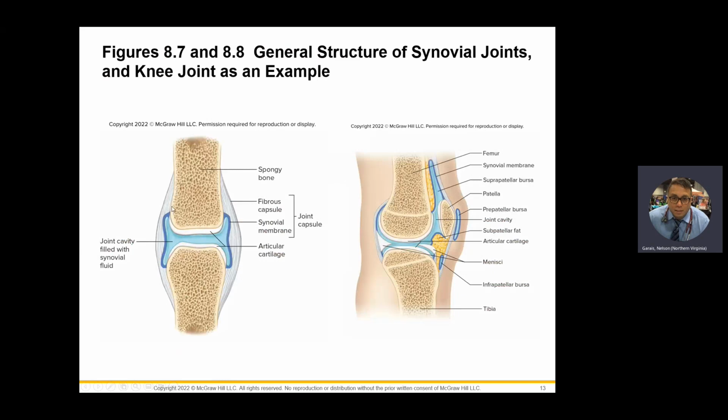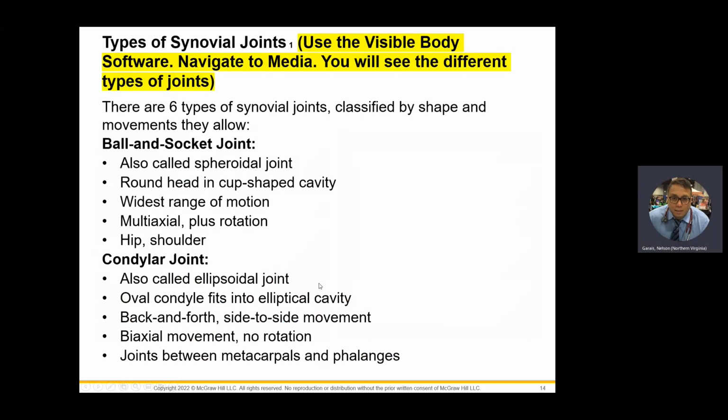And here's the classic. You see a bone here, long bone there. On the epiphysis, there is articular cartilage, and here is a pocket called your bursa, and the bursa houses your synovial fluid. You see it's quite complex. This is, of course, your patella, femur, and this is the tibia.